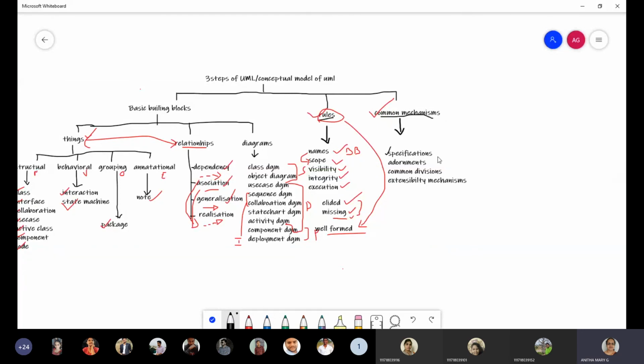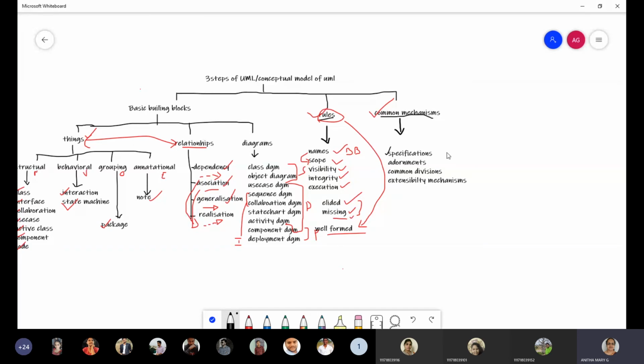So that is what we say about specification. I'll just repeat: for every graphical notation, there is a specification that provides some text and also the syntax and semantics of that building block. Any kind of these things can be a building block.